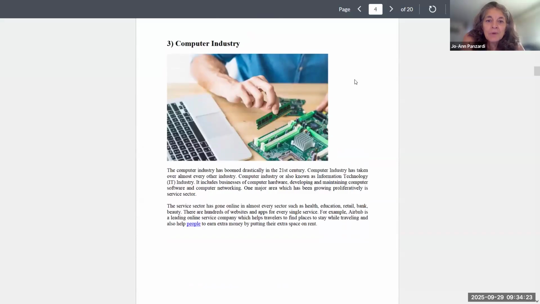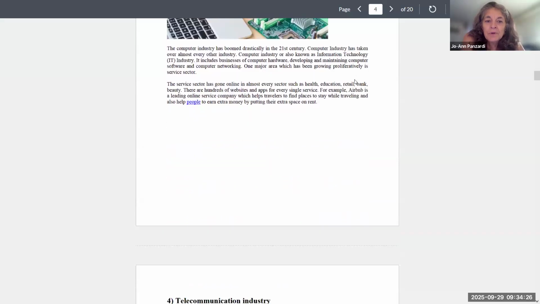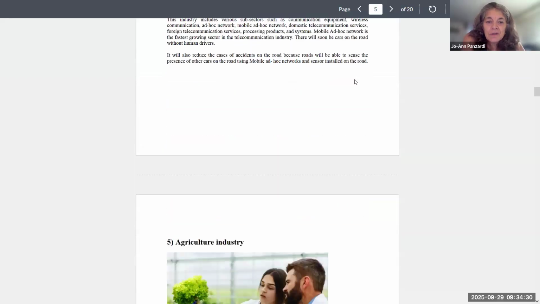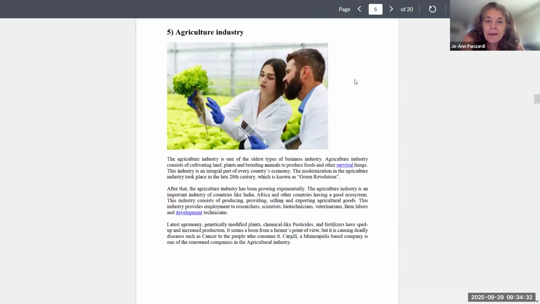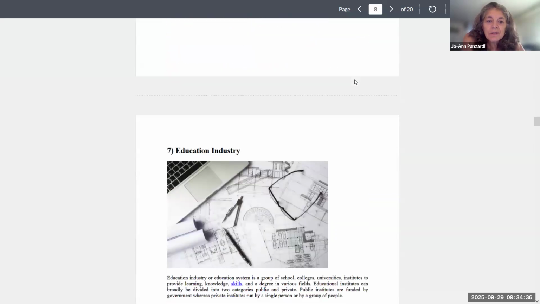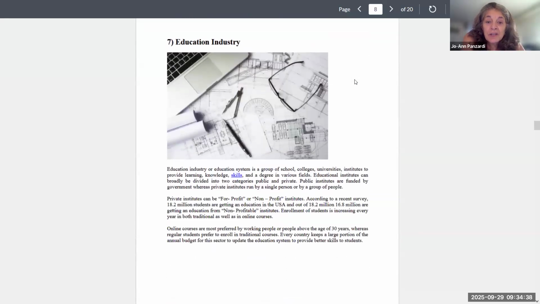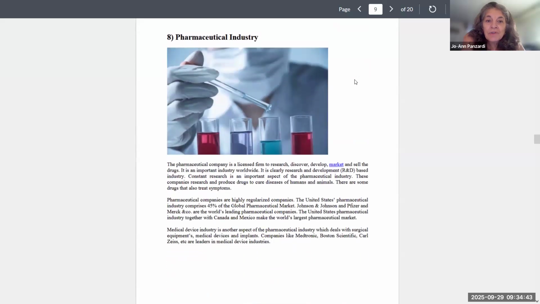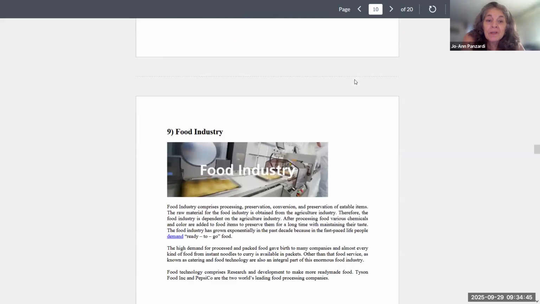They're on the module. Do you want to work in the computer industry? Telecommunications? Ag? The construction industry? The educational industry? Pharmaceuticals? And it'd be really good to read this over.